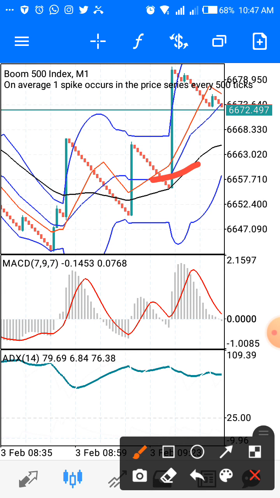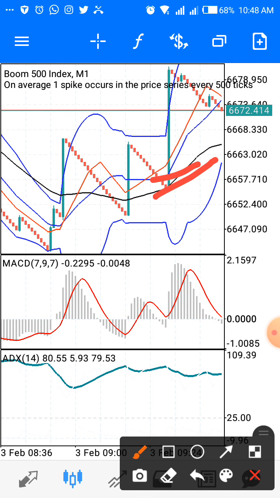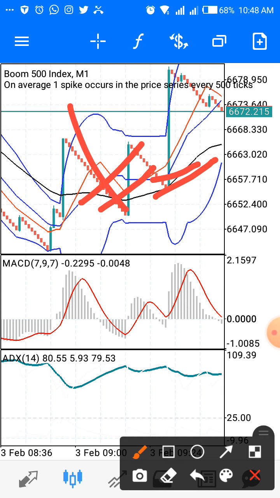Let it cut across it. If it cuts across the candle like what we have here, look at it. The middle cut across it, the black cut across it, and we still have like 3 candles to go. Do you understand? Sometimes if the black wants to cut across it, a spike will just appear.